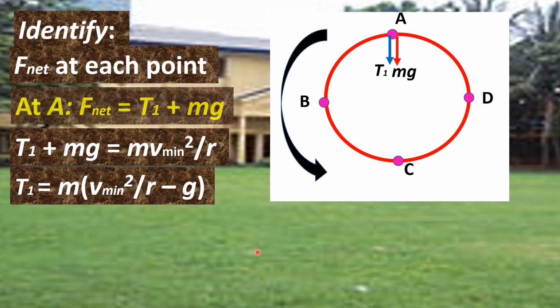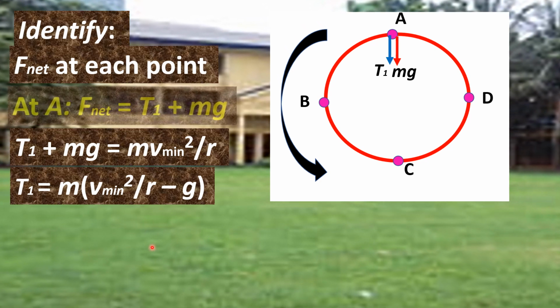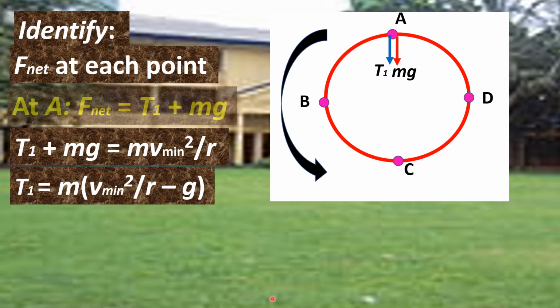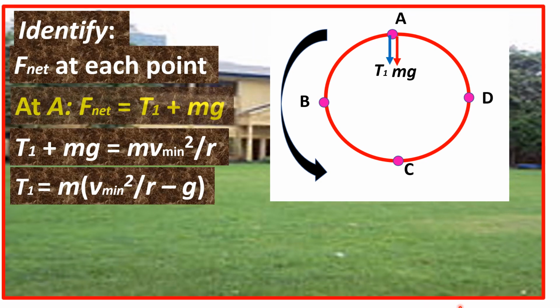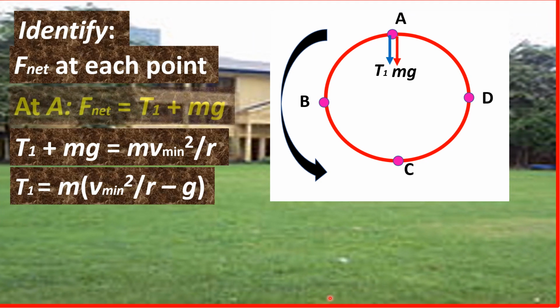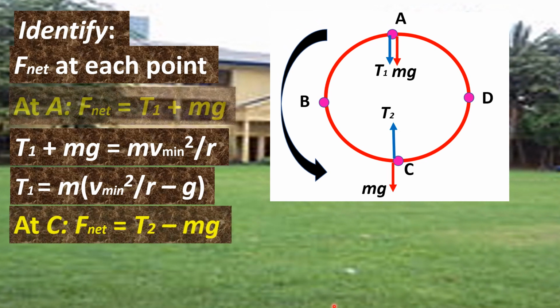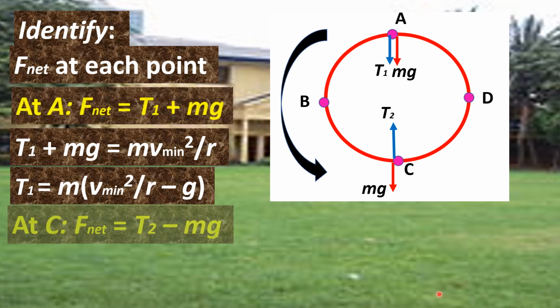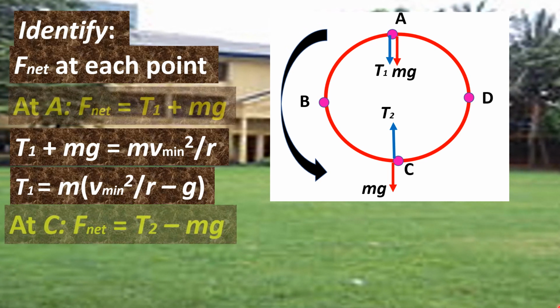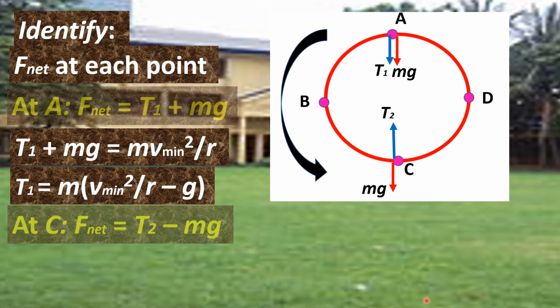How about if the ball is at its lowest point, or point C? Okay. How do you describe the net force? Right. So at point C, the net force would now become T sub 2, all right?